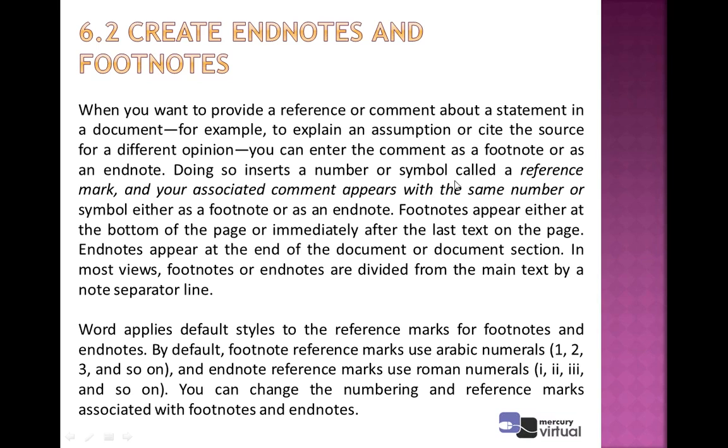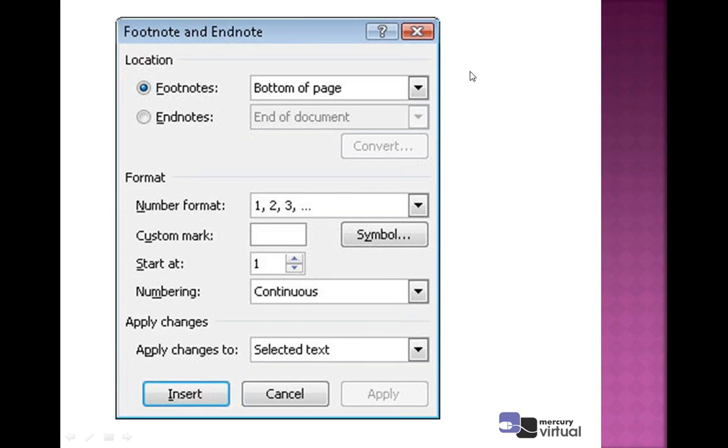Doing so inserts a number or symbol known as a reference mark, and your associated comment appears with the same number or symbol either as a footnote or as an endnote. This means a footnote or endnote is basically used for giving the page number, for giving the reference marks or your associated comment box.